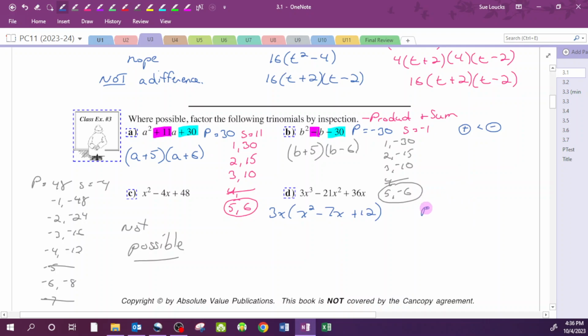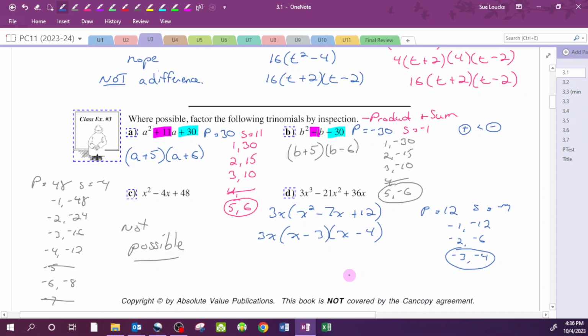And then I've got a product of 12 and a sum of negative 7. So they're both going to be negative. So negative 1, negative 12, negative 2, negative 6, negative 3, negative 4. Oh, that one works. So I still have my 3x, and I have x minus 3 times x minus 4.